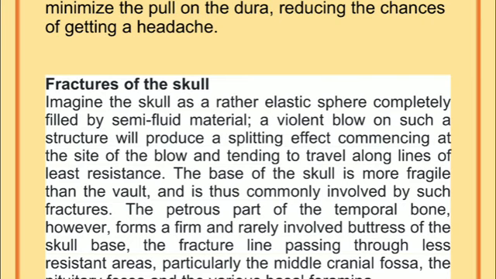So the base of the skull is more fragile than the cranial vault, and it's commonly involved by such fractures. The petrous part of the temporal bone forms a firm and rarely involved buttress of the skull base.